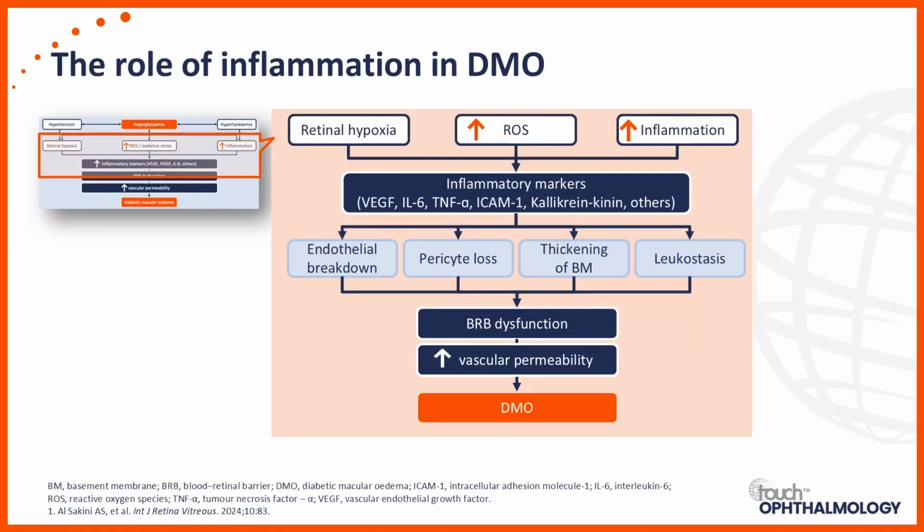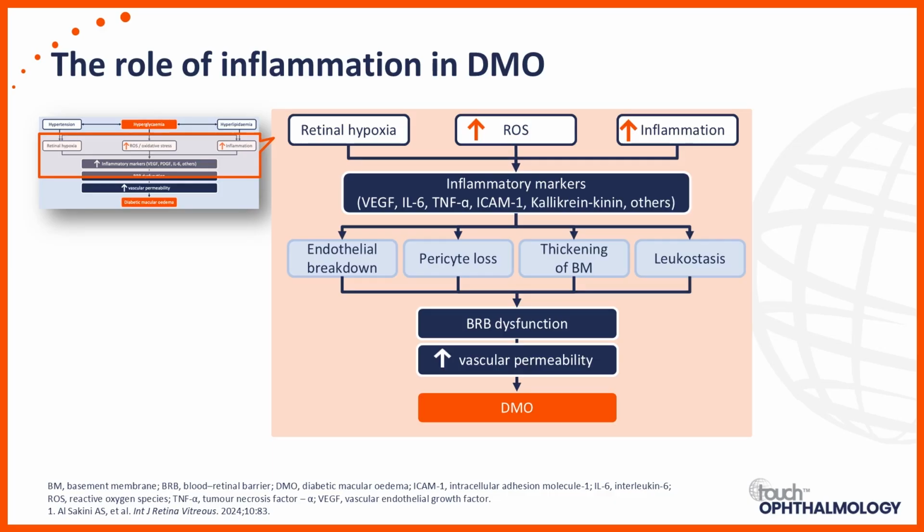Inflammation, together with hypoxia, leads to the production of different inflammatory cytokines and chemokines, which include an increase in VEGF production, Ang2, TNF-alpha, metalloproteinases, interleukin-6, ICAM-1, MCP-1, kallikrein-kinin, and so on.